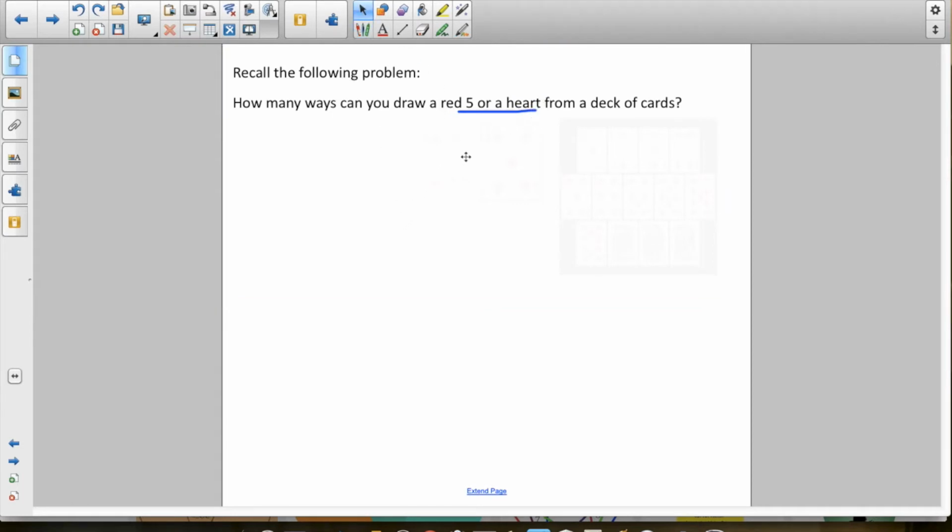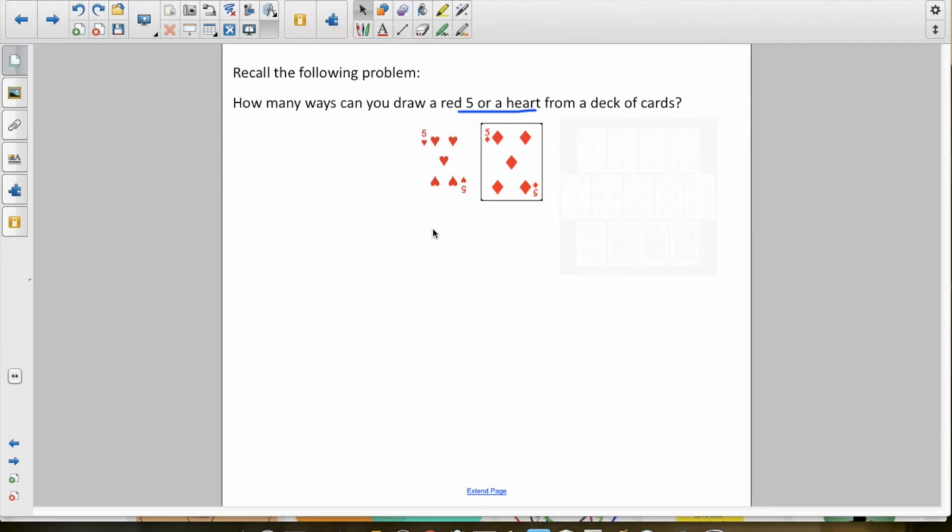So a red 5, you can have the hearts, or you could have diamonds. So you've got two options fitting into the red 5: the 5 of hearts and the 5 of diamonds. So we've got two options for this one.